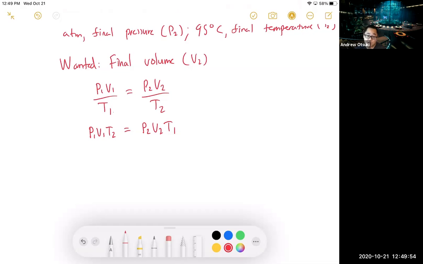All right, so now this makes it easier to solve for V2. So we get V2 equals V1 times P1 over P2 times T2 over T1.